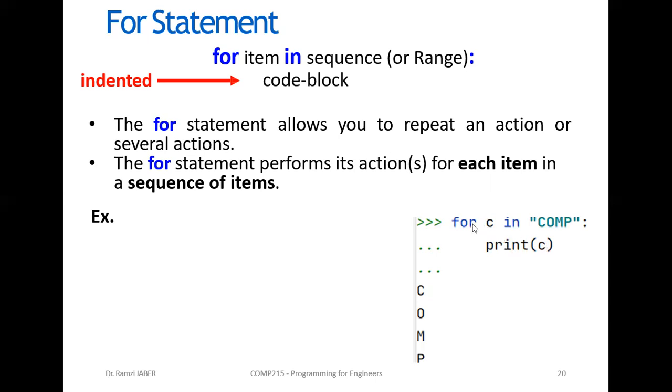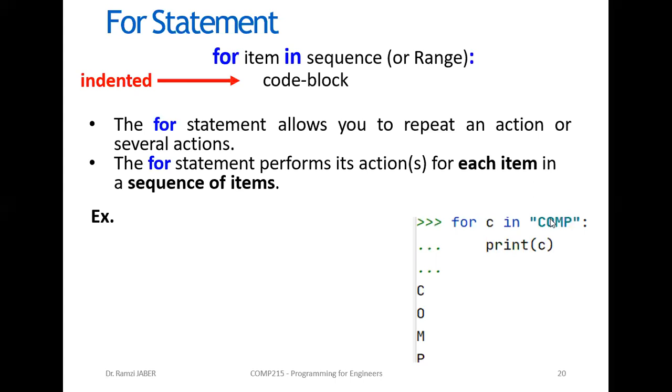At initialization, we have something like a pointer. c equals the first item in this word, the first index, which is capital C, and capital C exists inside this word. So it's true, go print the value of c, which is capital C. Then repeat and test again.